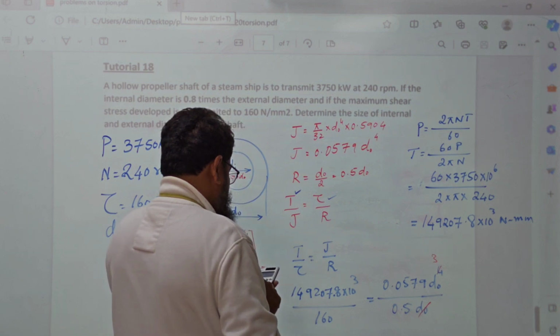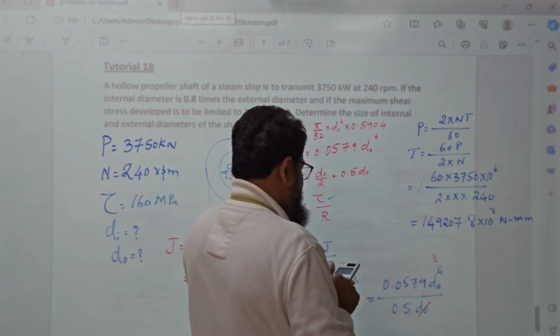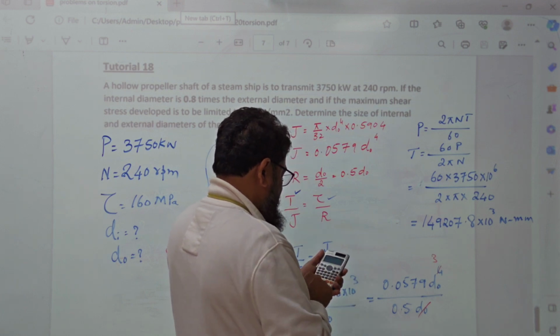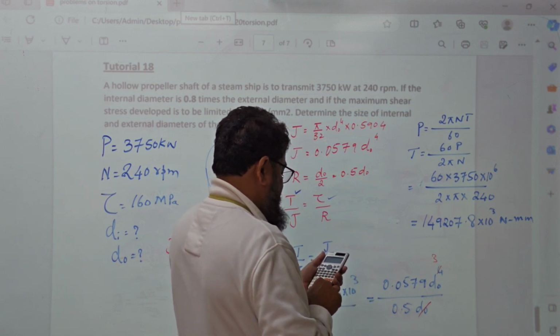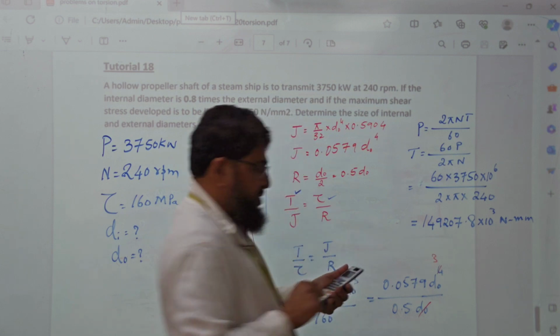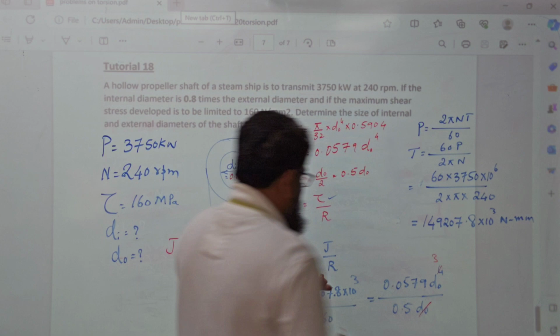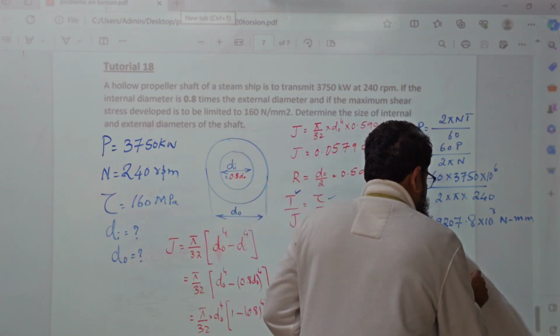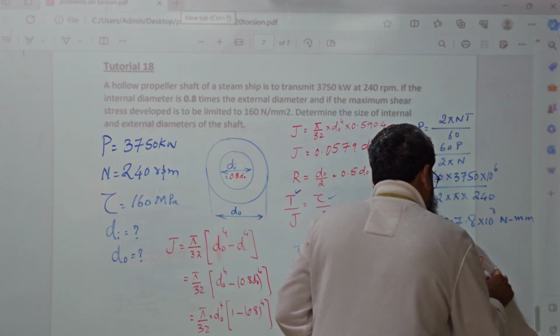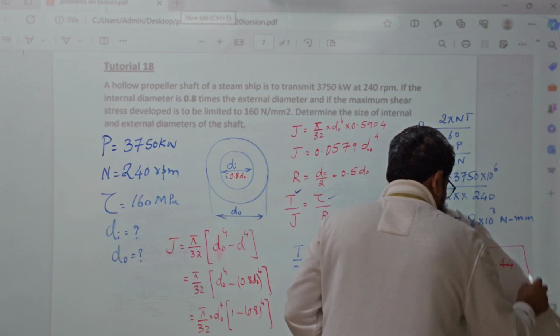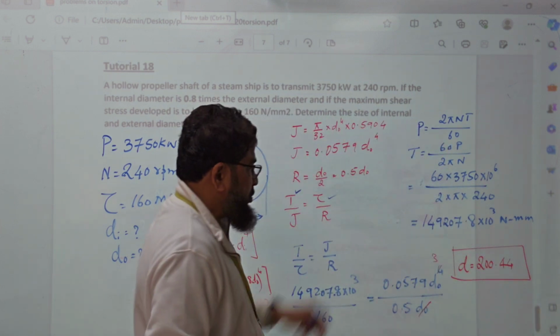So this gives me 8053098.014 to the power of 1 divided by 3. That is the cube root I am taking. That gives me 200.44. I am taking straight away, writing the value of D naught, 200.44. So this is the outer diameter.